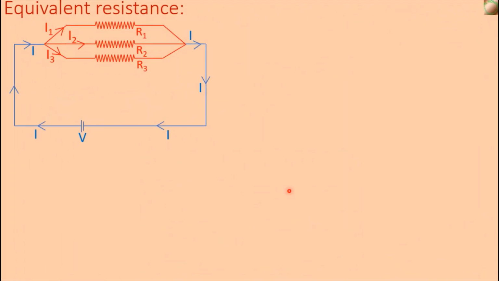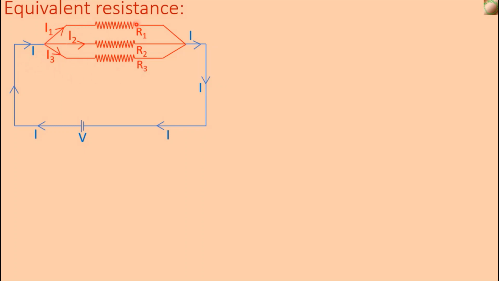Here another electric circuit. Here potential V. Here R1, R2 and R3, 3 resistances are connected in this circuit. Here I current is flowing in this direction. Then here at this point, this I current is split into 3 parts. One part is through the resistance R1, one part is through the resistance R2 and one part through the resistance R3.